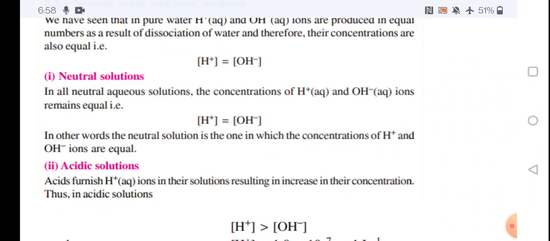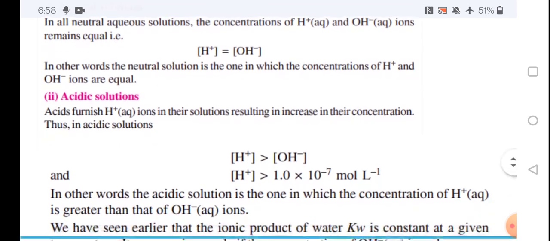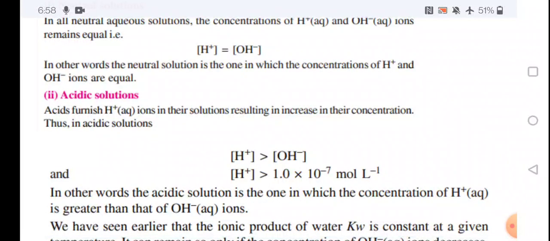For an acidic solution, the concentration of hydrogen ions will be greater than that of hydroxide ions. That is, the concentration of H plus ions is greater than the concentration of OH negative ions, where the concentration of OH negative ions is less than 1.0 into 10 to the power of minus 7 mole per liter.